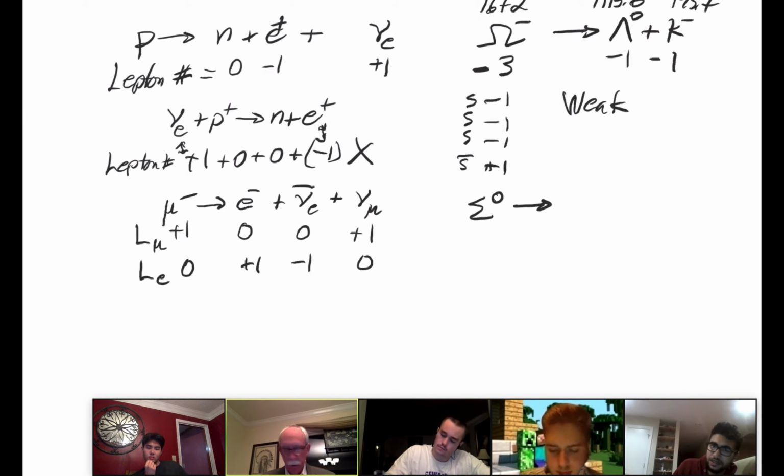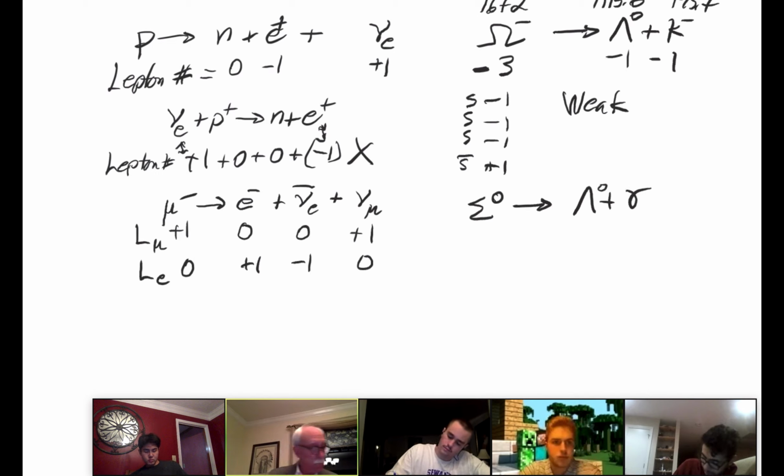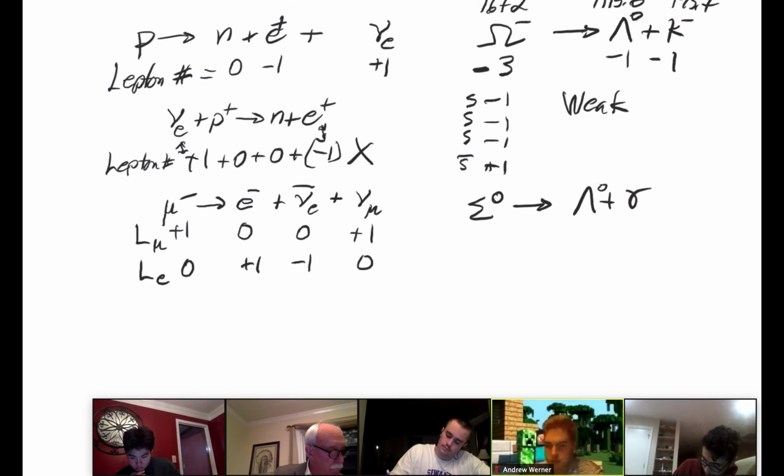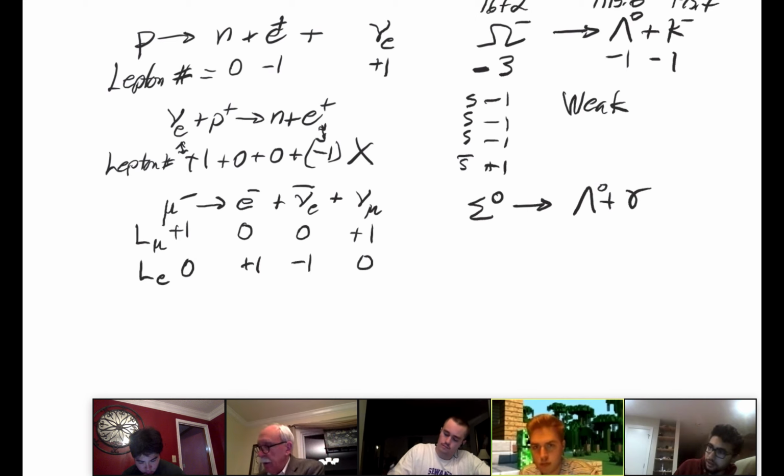Sigma 0 goes to a lambda plus a gamma. So mass-energy-wise, it works.